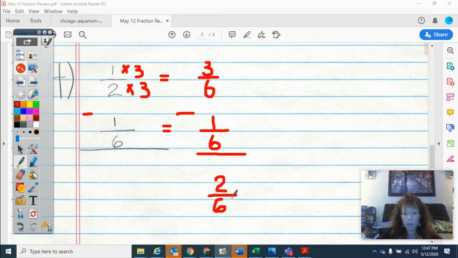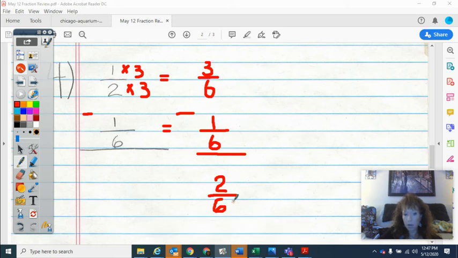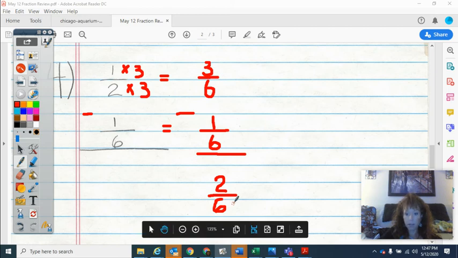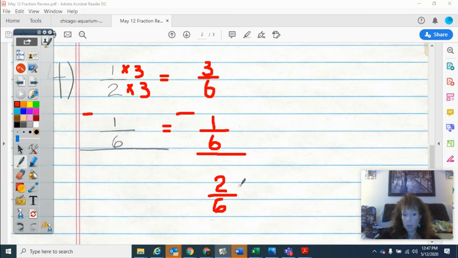But remember the final step with fraction problems, I have to ask myself, is this fraction in simplest form? Or can I simplify it? Meaning I can find a common factor, a number that divides into 2 that also divides into 6 evenly. And we're talking about whole numbers. So what number goes into 2 that also goes into 6? 2. So I'm going to divide by 2 in my numerator, and I'll divide by 2 in the denominator.